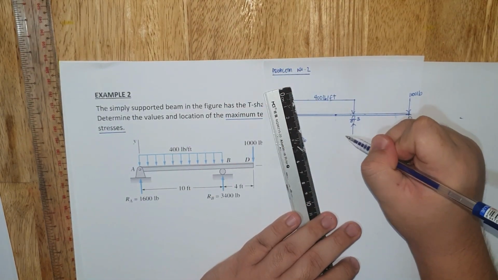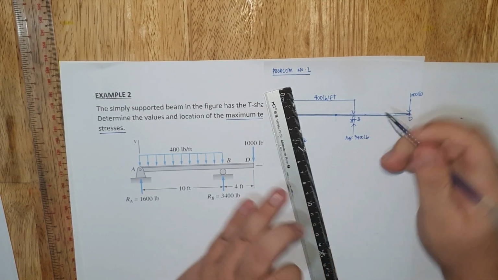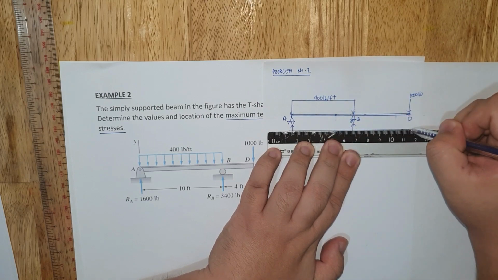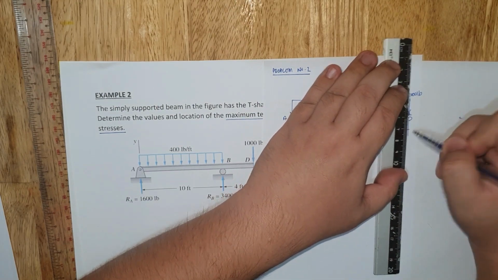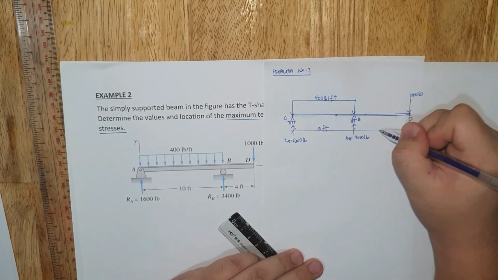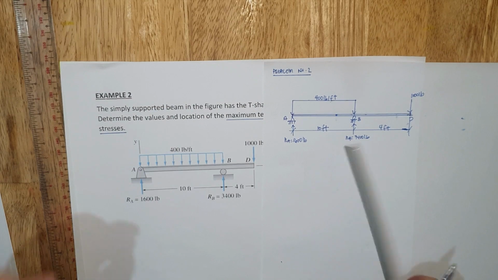We have RB, 3,400 pounds. Okay. Distances, so we had 10 feet and 4 feet. Not to scale to, okay.